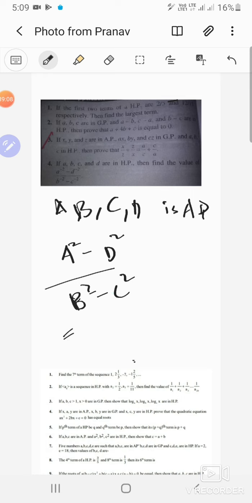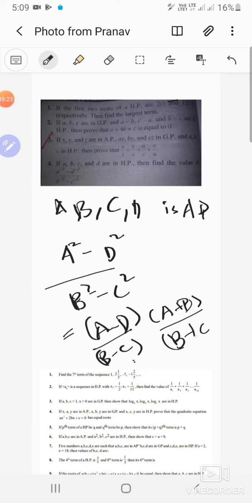Maybe we can factor this out, so that will give me A minus D, which is like 3 times the difference, upon B minus C into A plus D upon B plus C. Here's the thing, B plus C and A plus D are the same thing, so that cancels, and A minus D is 3 times the difference, while B minus C is just 1 times the difference, so this turns out to be 3. Easy.